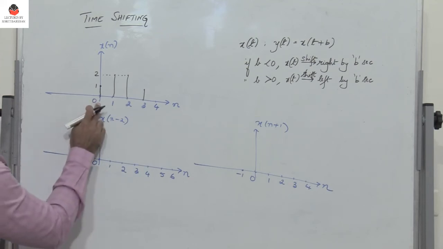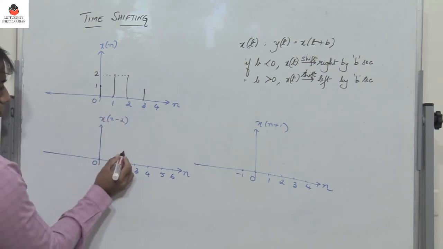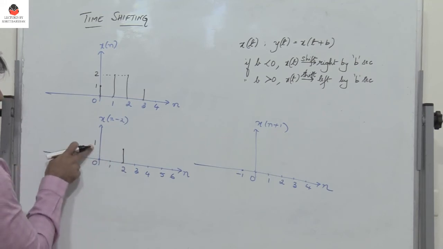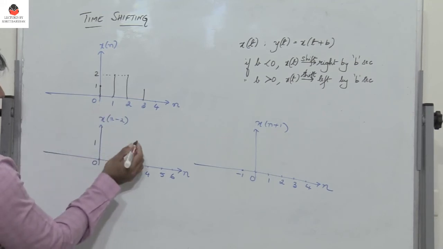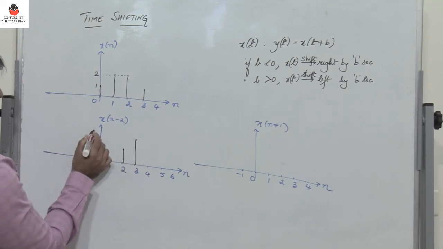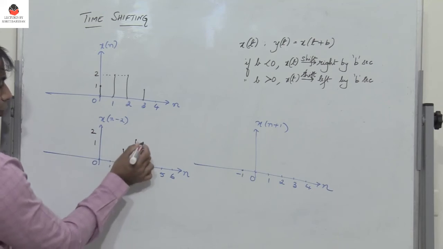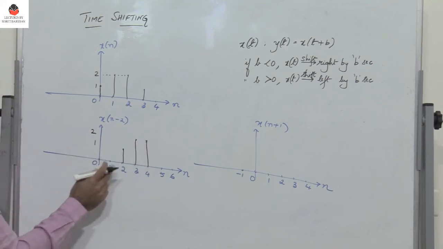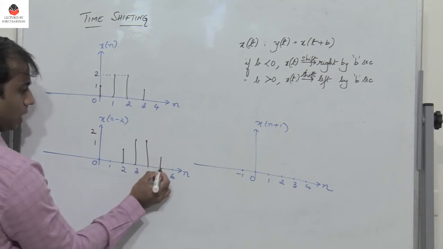So what is at 0 will now appear at 2. So at 2 I have 1, an impulse of 1. At 3 I have the value which is 2. At 4 I will have again a value of 2, and at 5 I'll have a value of 1.